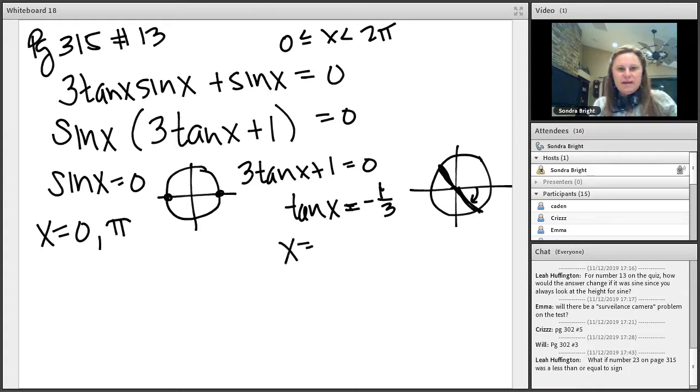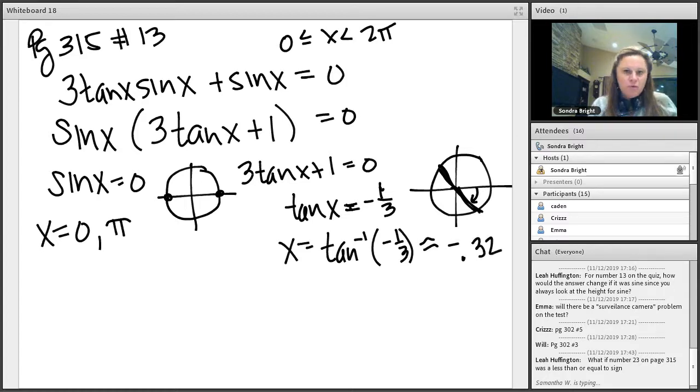So you'll do x equals inverse tangent of negative 1/3. You're in radian mode. And that'll give you a negative 0.321, right? But you can't give that answer because they want you between 0 and 2 pi.